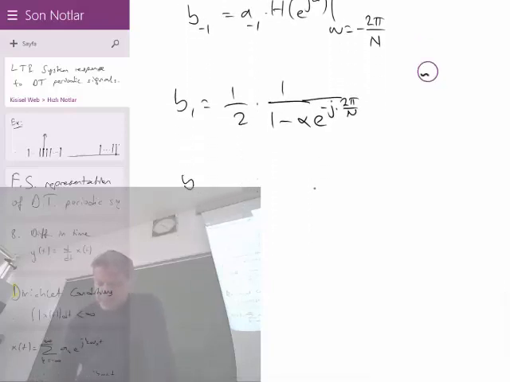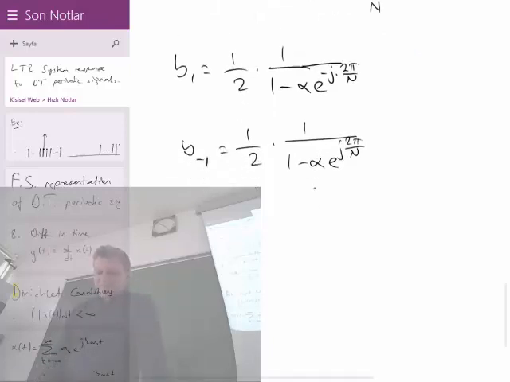And B minus 1 is equal to 1 over 2 times 1 over 1 minus alpha e to the minus j omega. And omega this time is minus 2 pi over capital N, minus j omega will be therefore plus j 2 pi over capital N. Alright? So these are B1 and B minus 1.